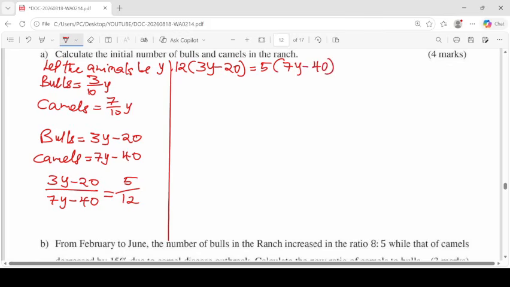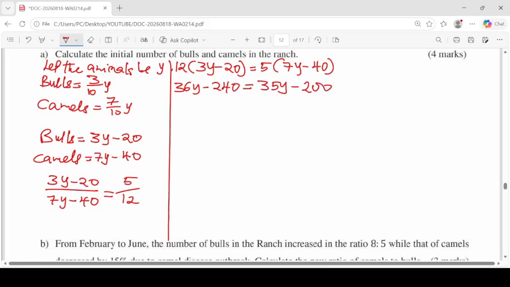When you open the brackets, this will be 36y minus 12 times 20, this is 240, being equivalent to 5 times 7y, this is 35y, minus 5 times 40, this should be 200.